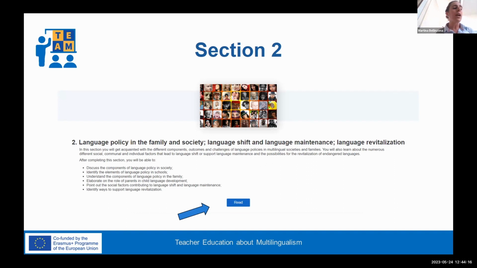In particular, after completing this section, teachers will be able to discuss the components of language policy in society, school, and family, pointing out the social factors contributing to language shift and language maintenance.